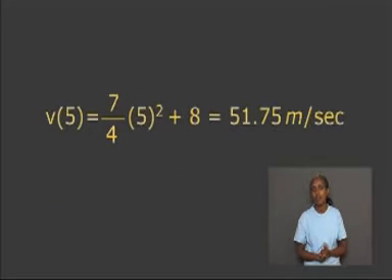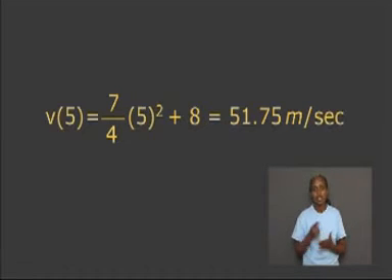Once we have calculated that, we can set t equal to 5 for our final answer. The velocity with t equal to 5 is 51.75 meters per second. Take a moment to study this answer.